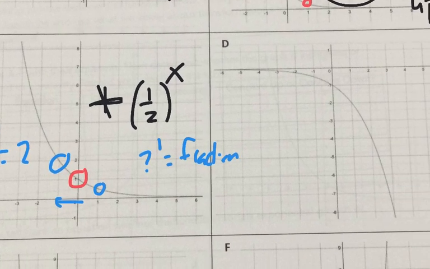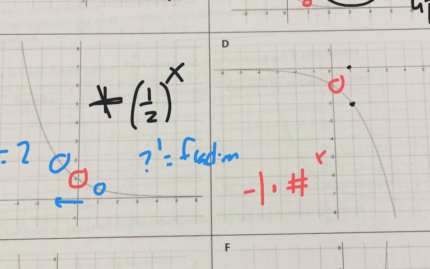D. Okay, a little more interesting. The y-intercept is -1. So I know this is going to be -1 times some number raised to the x. So I need a negative out in front. And now what if the x value was 1?